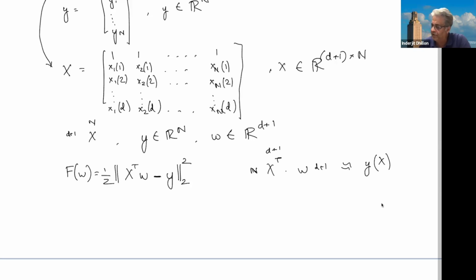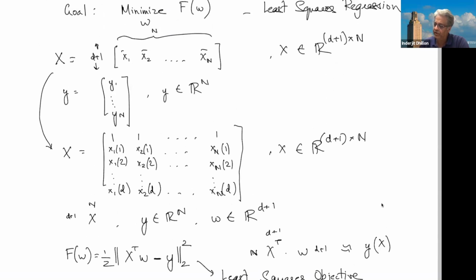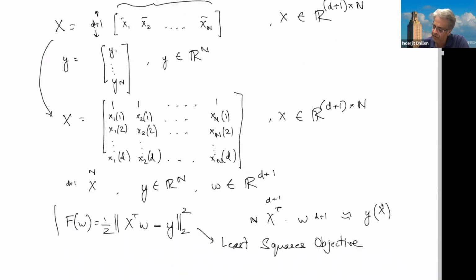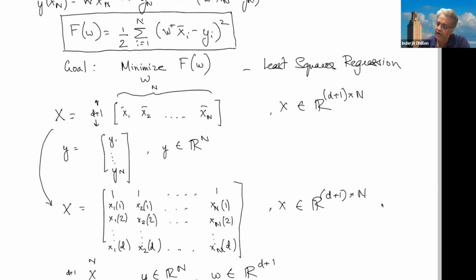So this is the least squares objective. Everybody familiar with L2 norm? This is identical. What I've written over here is a very, very compact way of writing what was over here. They're exactly equal.